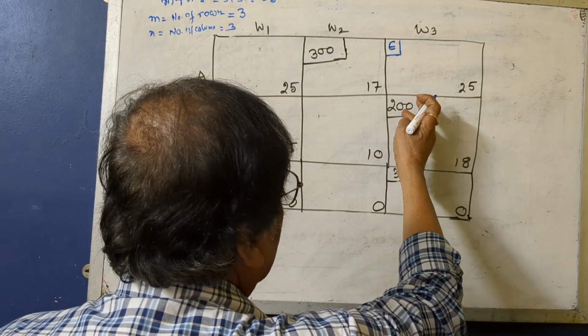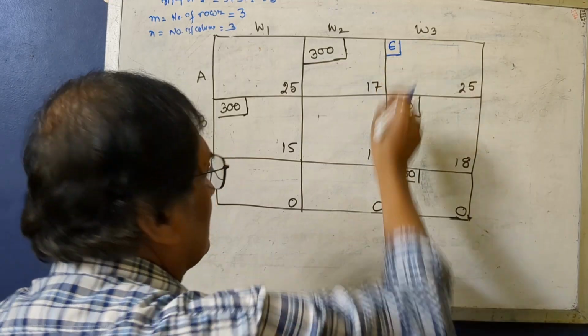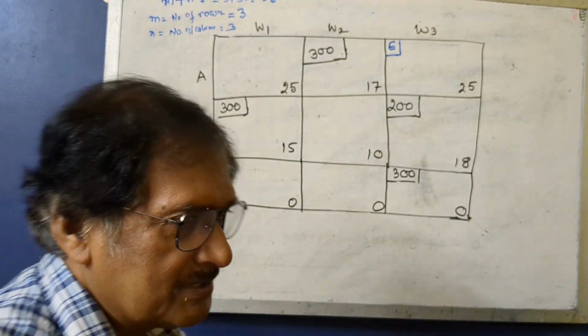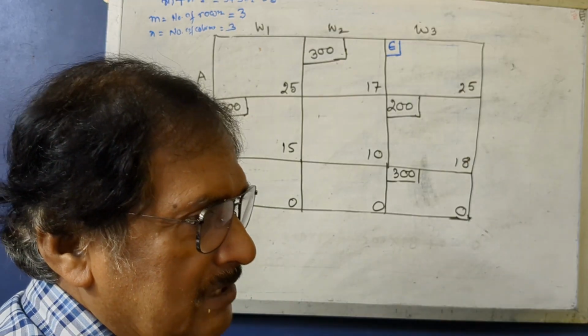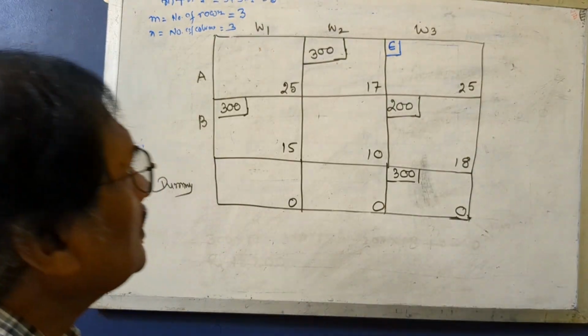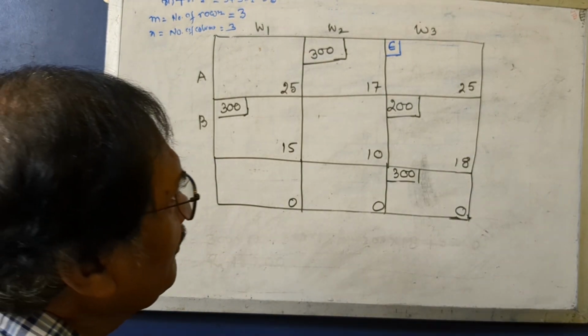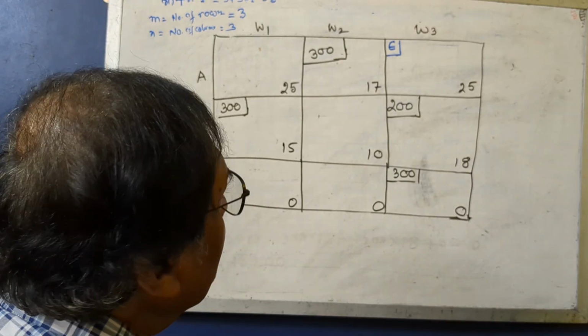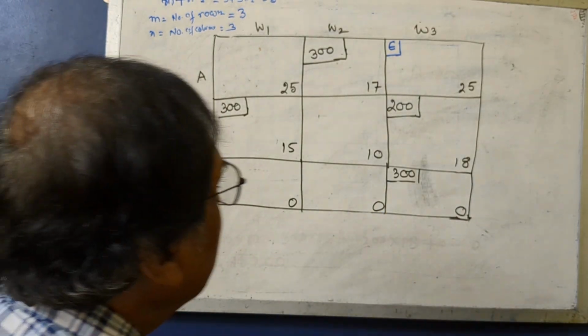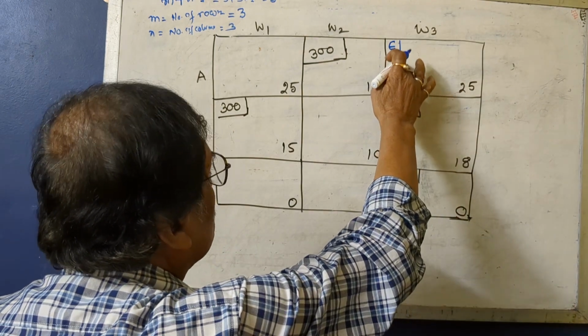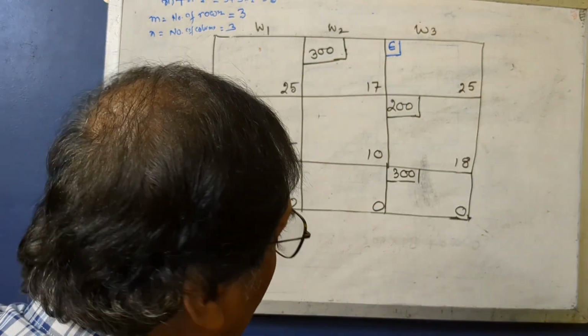Suppose it is 200 kg, then epsilon is a microgram, not even a milligram, meaning 10 to the power minus 6 gram, which has no ultimate effect on cost. It is simply for application of the mathematical process. Artificially, this variable has to be brought here, otherwise you can't proceed.